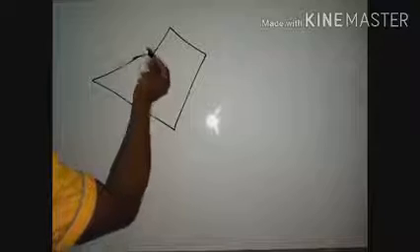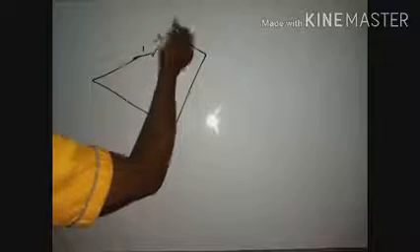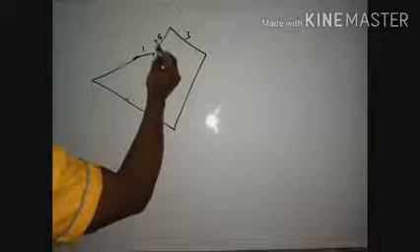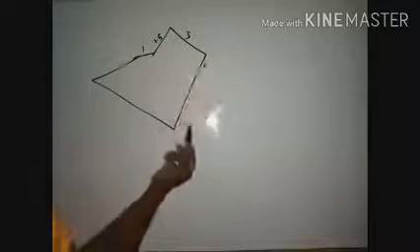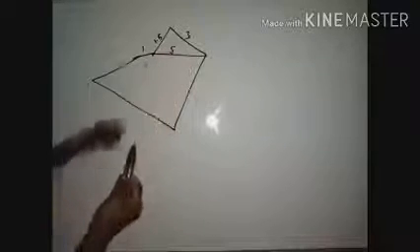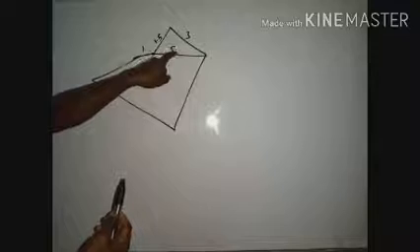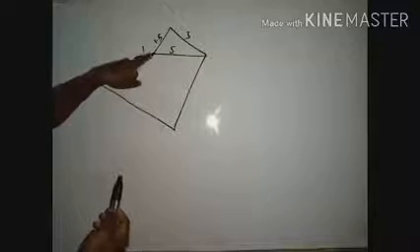If it's 1 centimeter, add it to the next one. Assuming this is 1.5, assuming this is 3, you just start adding from outside, and that's it. If I do like this and I call it 5, you will not add this one, because it's inside. Can you see? So you only add the outside.